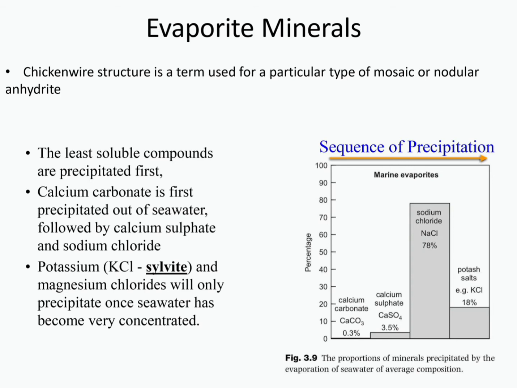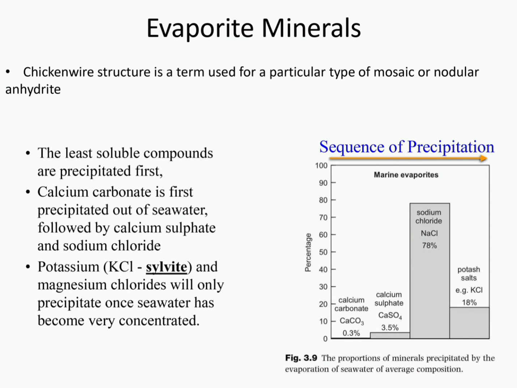They are the least soluble, so they can't continue to stay dissolved in seawater at every salinity or every temperature and pressure condition. They get precipitated first. They can't bear all the types of conditions in which the water exists.